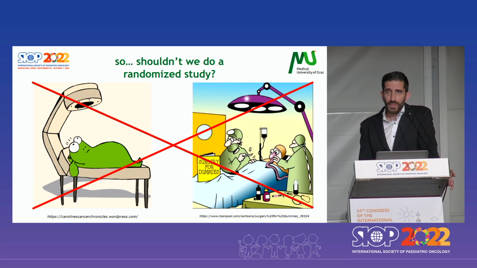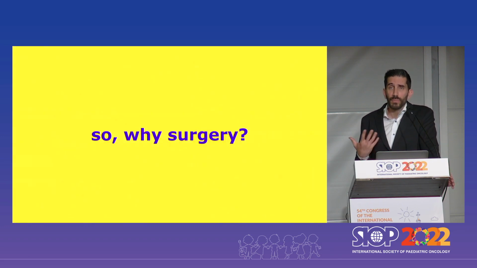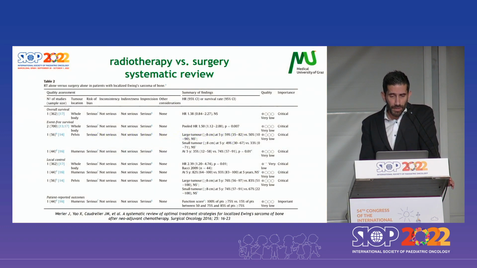So in the absence of randomized evidence, we have to see what sort of retrospective evidence we have to support the use of surgery in Ewing sarcoma. There is a very nice systematic review that was published in 2016 showing the current evidence up to that point for radiotherapy versus surgery.